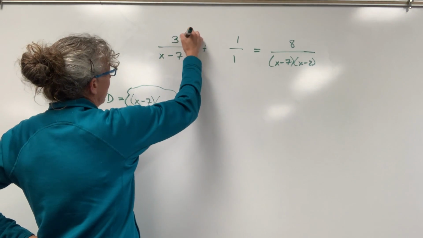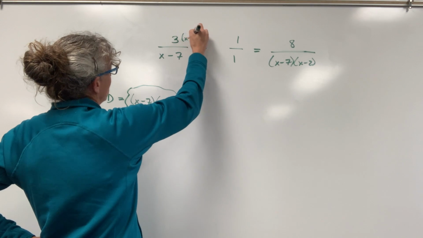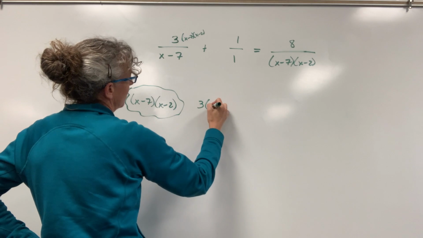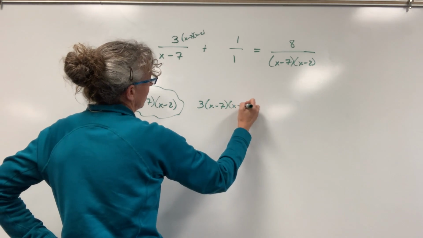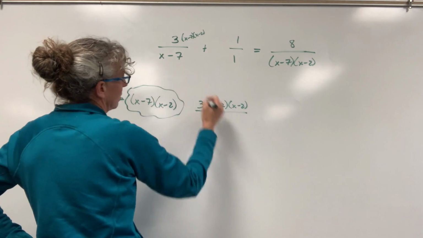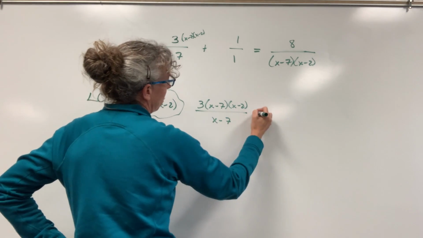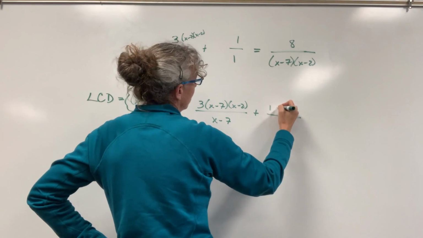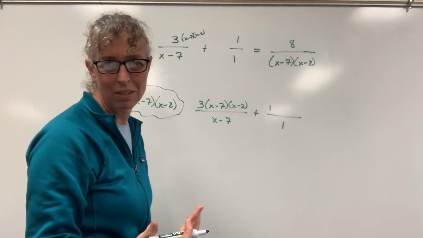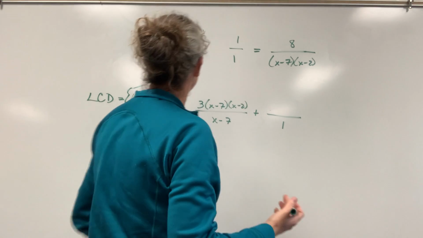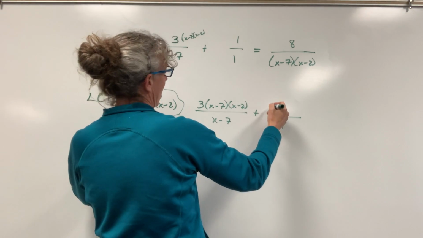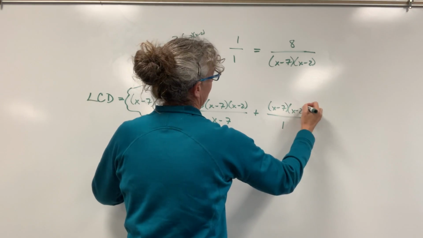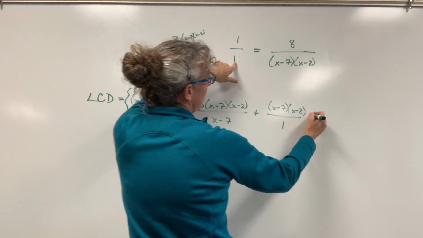Remember, in this method, I'm going to multiply the top of the fraction by the least common denominator. So I'm going to go ahead and rewrite it down here, and I'm going to put it over what's on the bottom already. Then I'm going to multiply the top. Do I really need to multiply by 1, you guys? We're going to multiply the top 1 times the least common denominator and put it over what's there already.